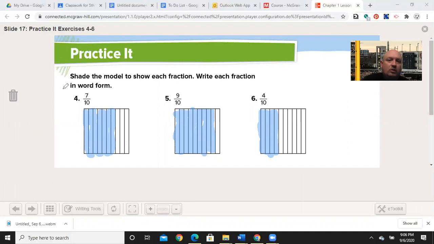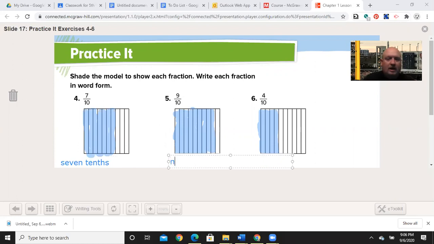And how did I know which ones and how much to use? Well, there's a 7, so I knew to color in 7. There's a 9, I knew to color in 9. There's a 4, I knew to shade 4. So now I need to do it in word form. So the first one, the top, my numerator is 7, and it's a 10 on the bottom, and again, we end it with a THS.